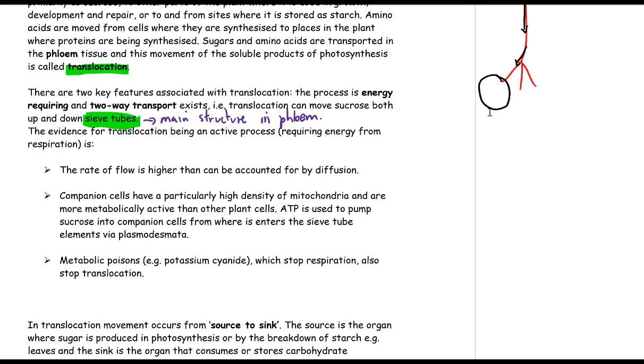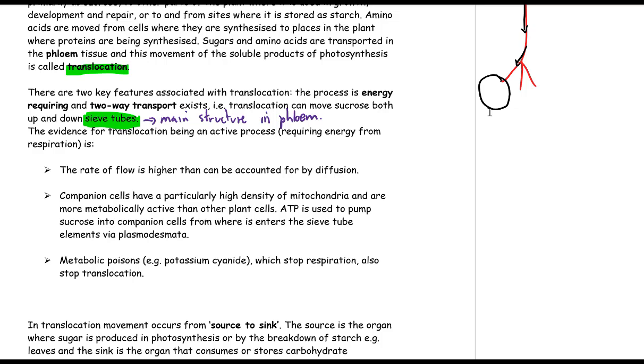As well as that, we talked about this earlier, companion cells have a particularly high density of mitochondria and are more metabolically active than other plant cells. And that's because they create ATP, which is used to pump sucrose into companion cells from where it enters the sieve tube elements via plasmodesmata.